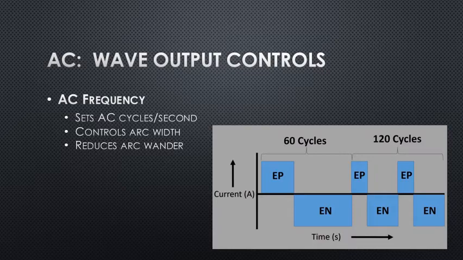Very commonly, we would see a 60 hertz arc producing a relatively wide arc with the susceptibility of wandering, with the arc dancing around the end of the tungsten. When we increase that to 120 cycles per second, the arc becomes much more focused.